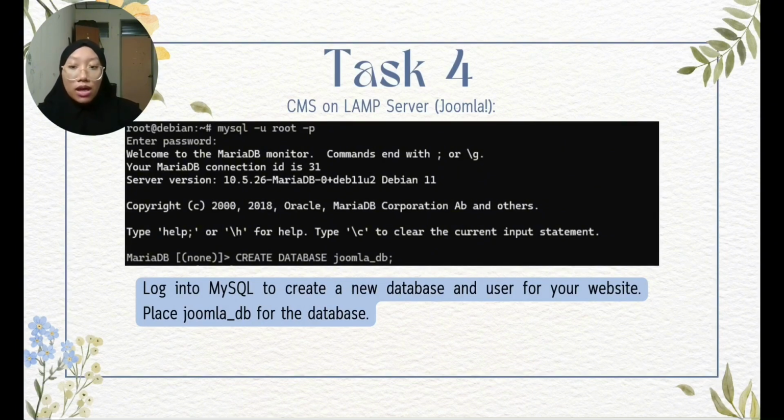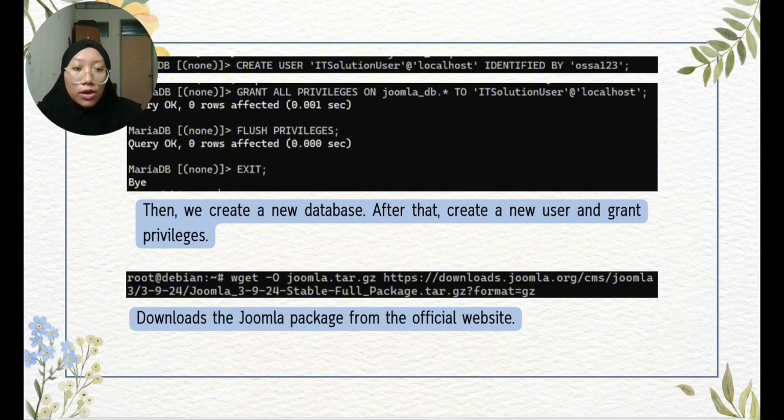So for this part, we have to create a database for Joomla and a user that can access it. In here, first we create a database joomla_db, and next we use the command create user 'itsolutionuser'@'localhost' identified by 'OSSA-123'.